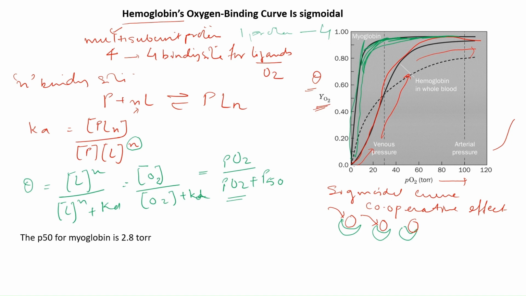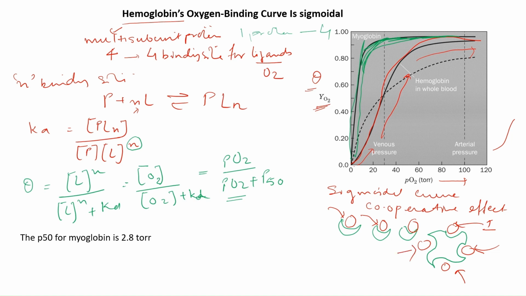But if we see the structure of hemoglobin, in one protein we have 4 binding sites. 4 oxygen or 4 ligands can bind. So the binding of the first ligand will affect the binding of the second ligand. The binding of the second ligand will affect the binding of the third. The binding of the third will affect the binding of the fourth.